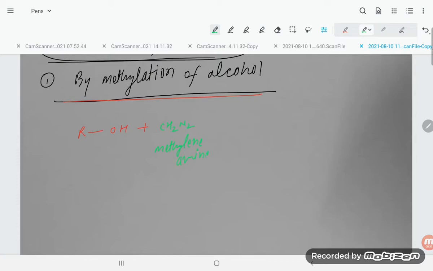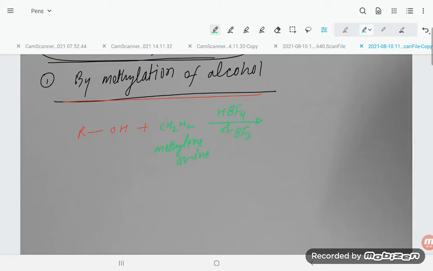Then you have to take HBF4, fluoroboric acid, or BF3, boron trifluoride.